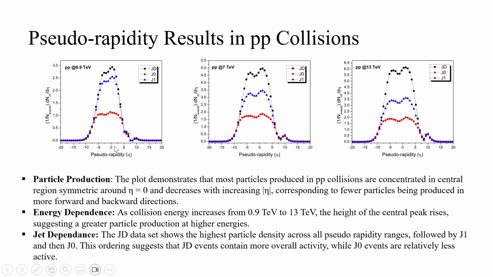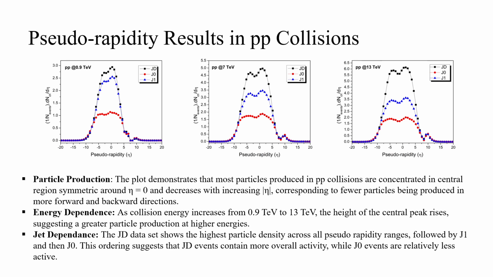So the pseudo-rapidity distribution can be easily used to validate the theoretical model only at the central region.